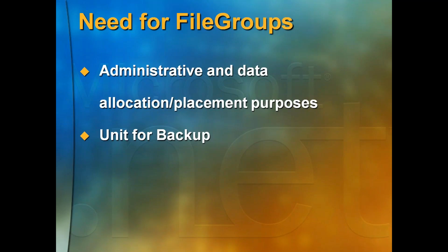Because I can copy the data. For example, John data and Bhaskar's data. Why do we need to create two folders? I can take the backup of John's data tomorrow, or I may want to delete John's data tomorrow, or delete my data, Bhaskar's data. If I create a folder, the placement and allocation is very, very easy. I can easily take a backup, copy, paste, move, cut, whatever I want to do. That is the need for the file group.